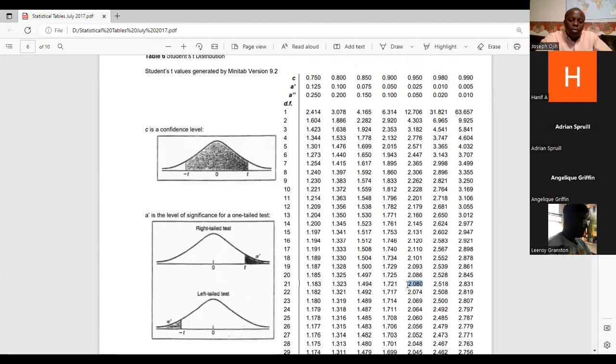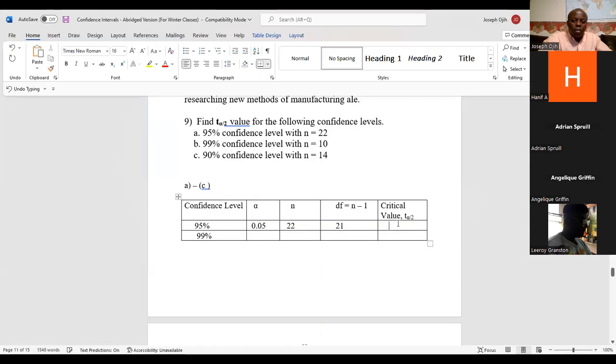So the critical value is 2.080. We put it there. Any question on that?